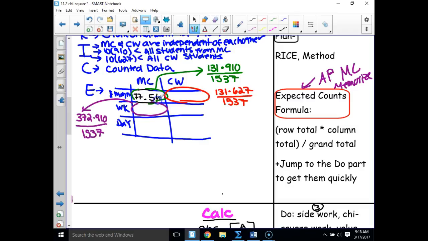Okay, this one is what? 220.25. This one is what? The top one is 53.4. What's this one right here?